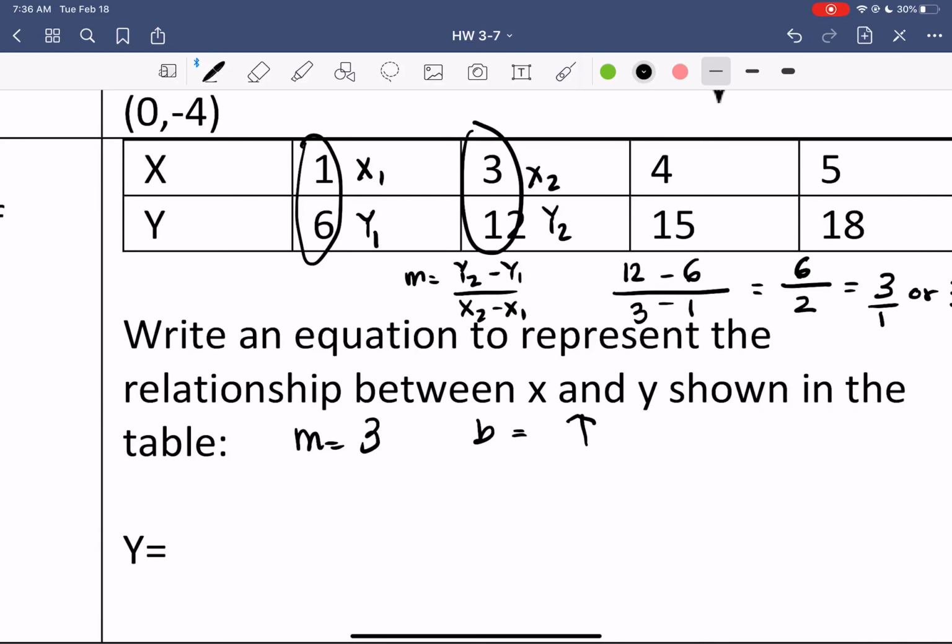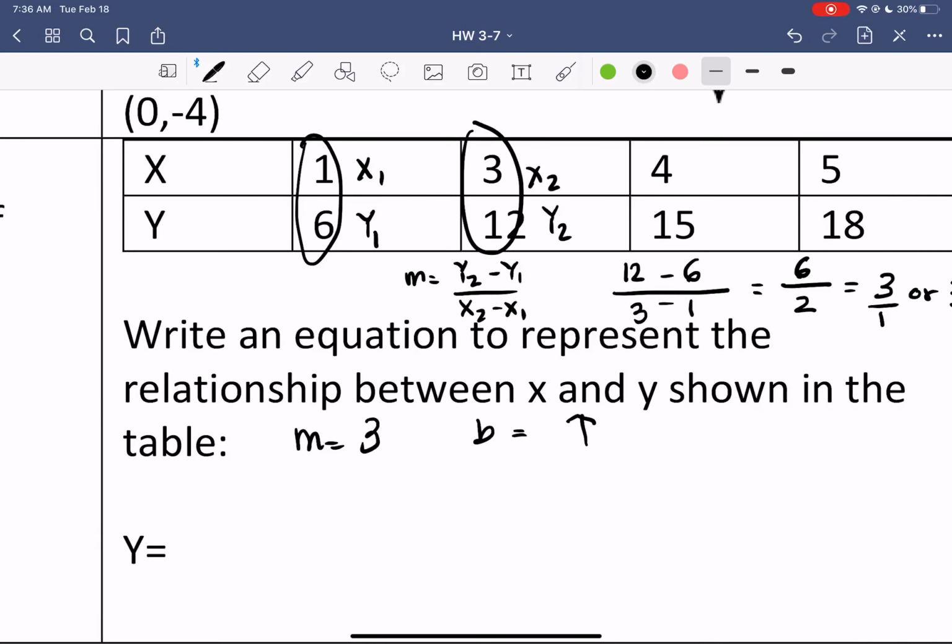This one says write an equation to represent this set of ordered pairs. So ordered pairs meaning this is my x and my y, x and y, x and y, x and y. So again, we can use our slope formula, y2 minus y1 over x2 minus x1. And we can pick any 2 coordinates.